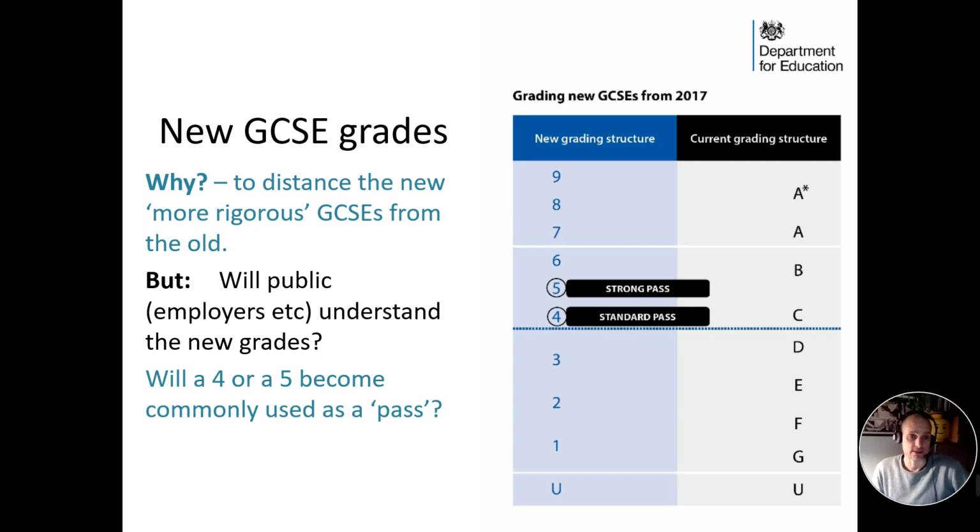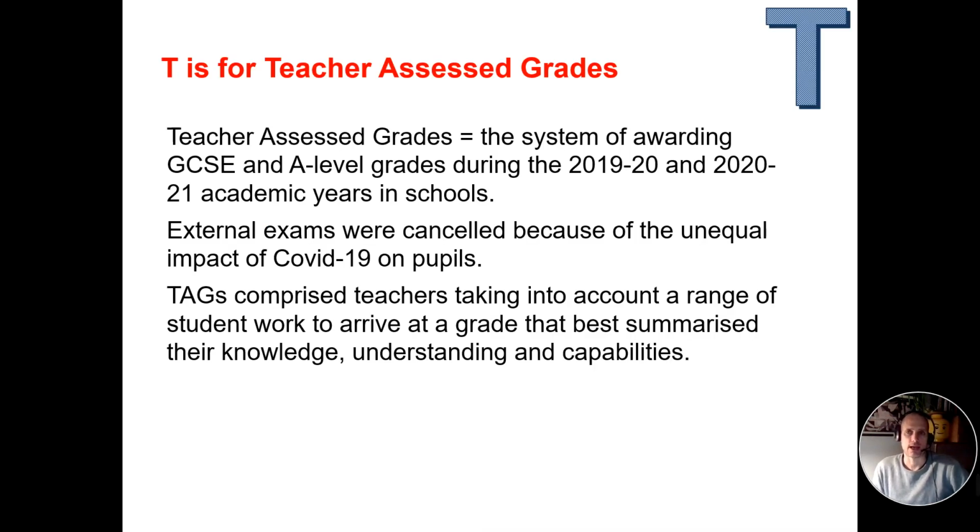A new grading system came in, and one critique of this is, if grades 5 and 4 are both a pass, what's actually common parlance for a pass? Interestingly, at UCL, to get onto this course, you need a grade 5, not a grade 4, or the equivalent of. So there we go.